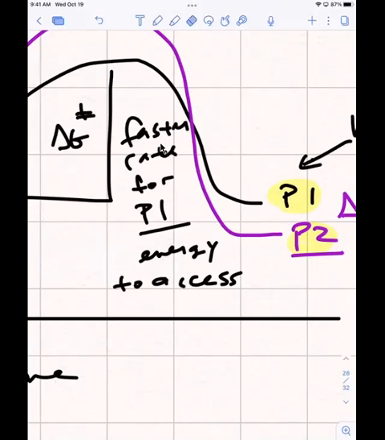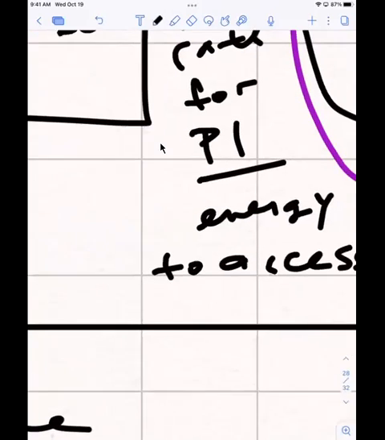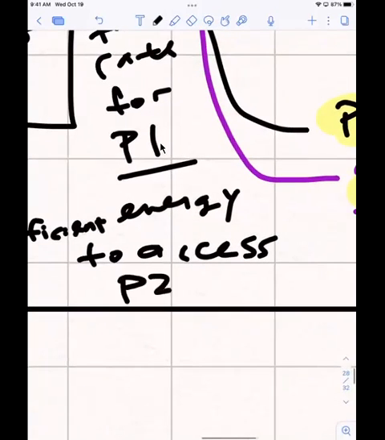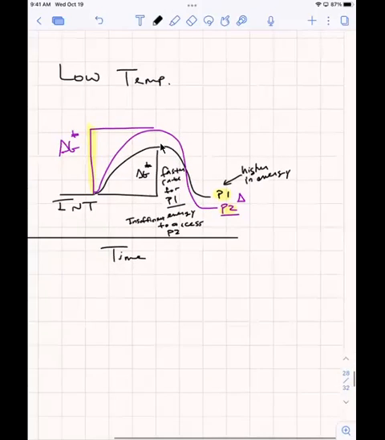I'll say insufficient energy to get to product 2. Right, so the rate for product 1 is faster. There's not enough energy to access product 2, so product 1 is going to predominate, even if it's less stable. That's what we mean by kinetic control.